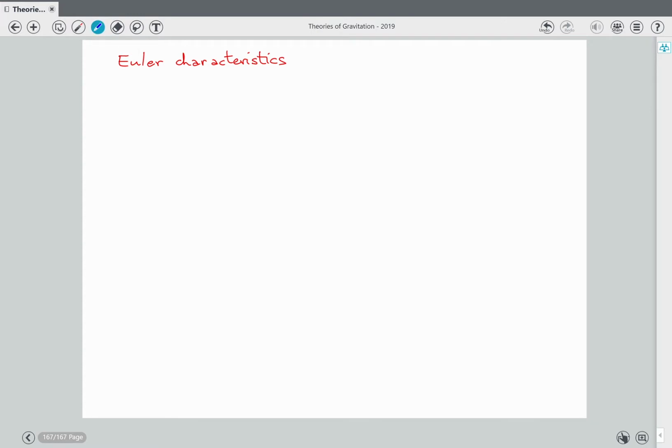Yes, okay. The Euler characteristic of a manifold is this object.